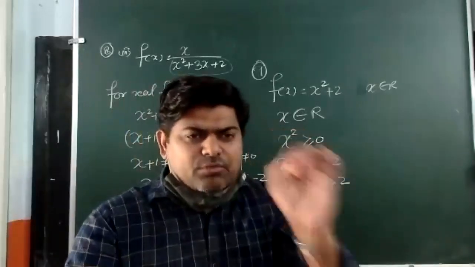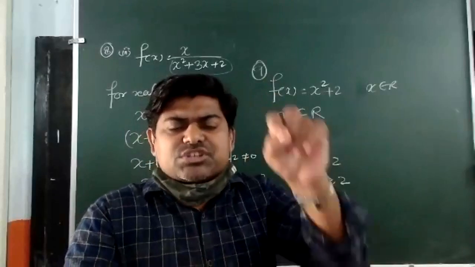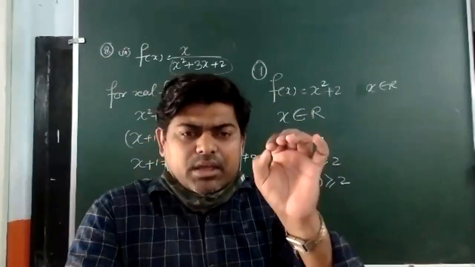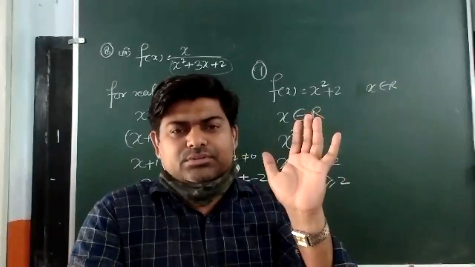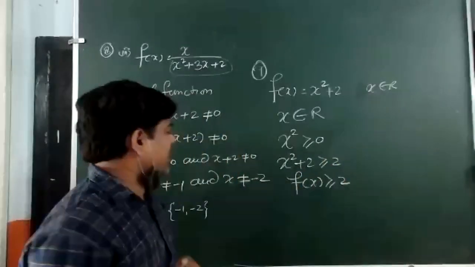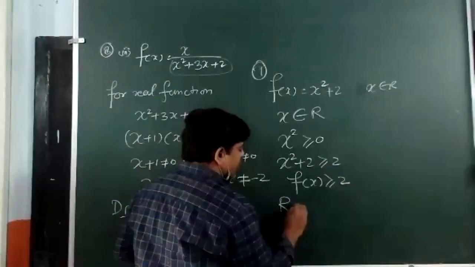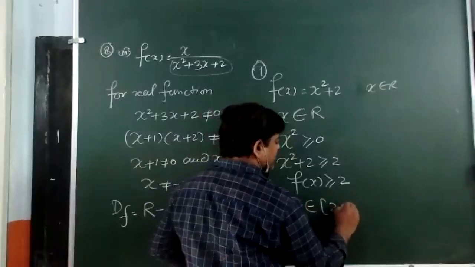It means for every value of x belonging to R, f(x) should be greater than or equal to 2. It cannot be less than 2. So what should I write here? The range of f belongs to the closed interval [2, infinity).